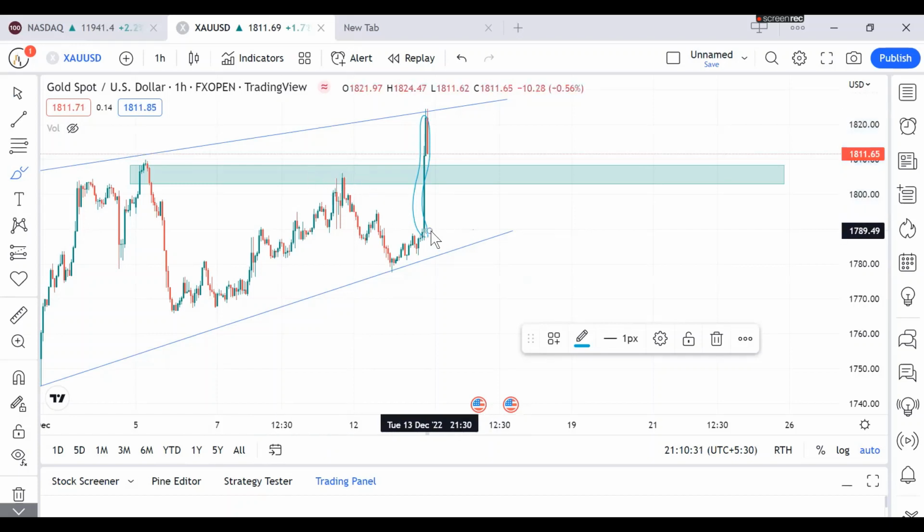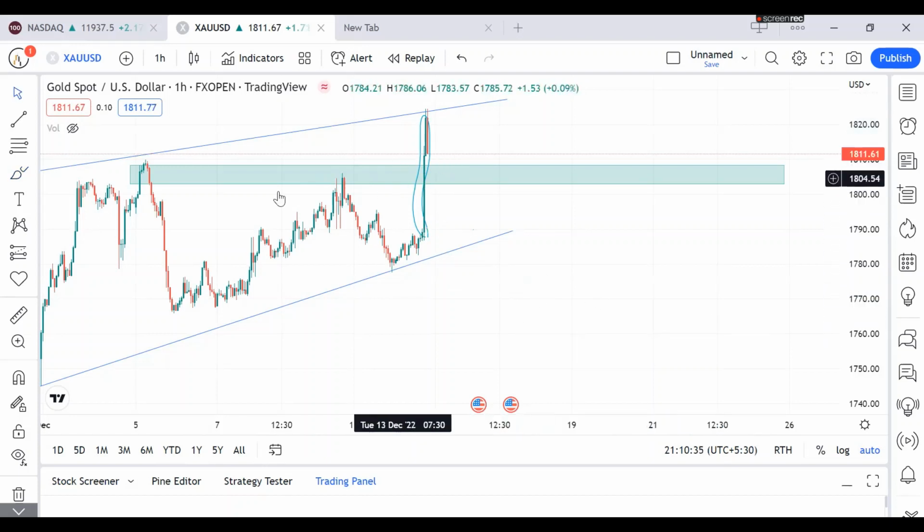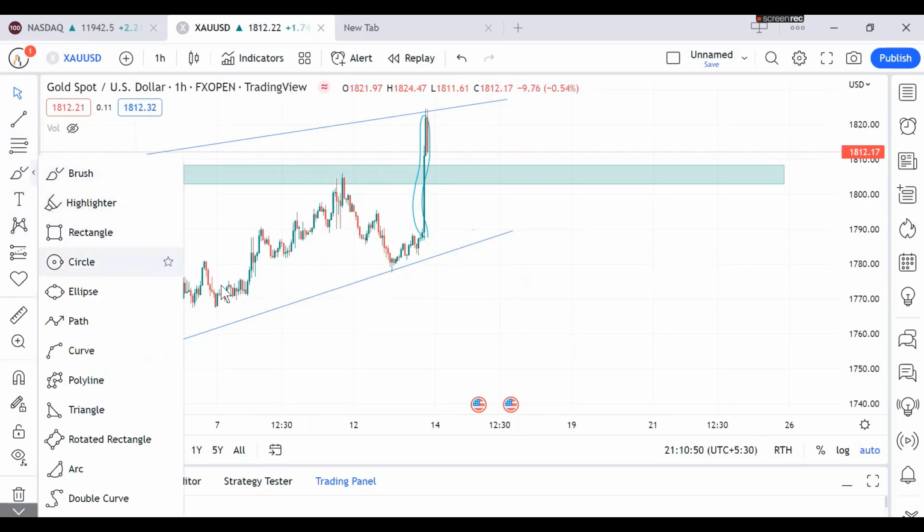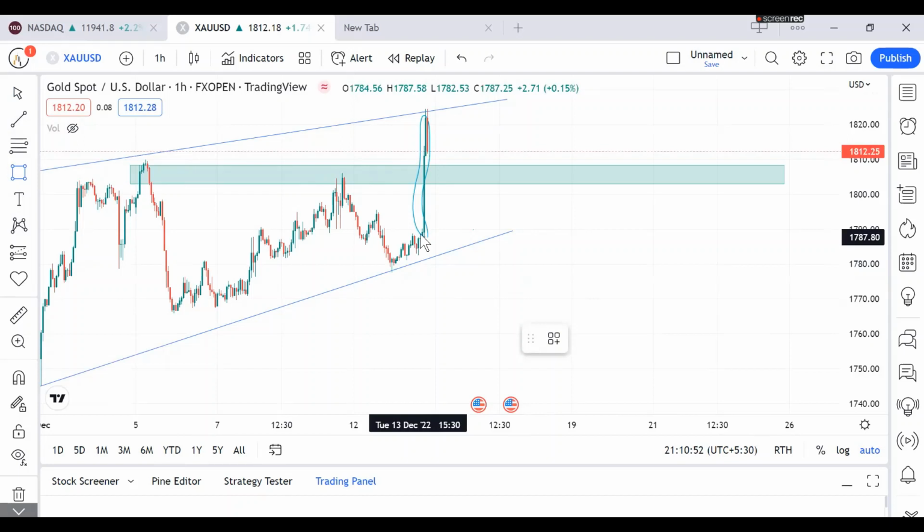All right. So right now, we know that there are more bulls in the market than bears because of these two elongated candlesticks here, but also because the market is on a bullish movement.